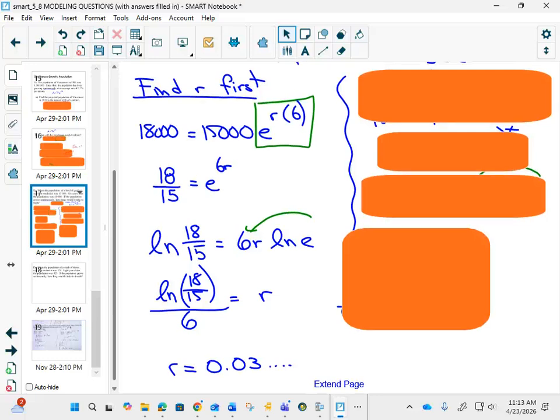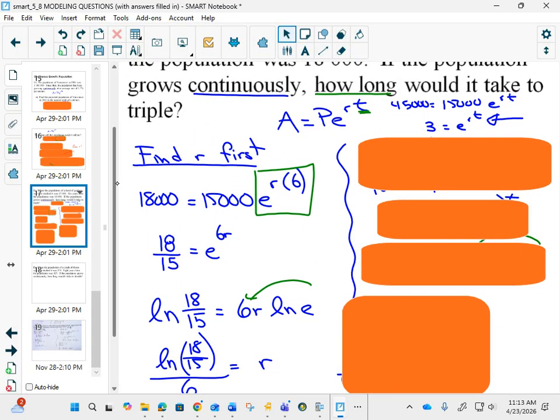Now that we found r, we can figure out how long it takes to triple. Because I know a starting point, it's going to triple to get an amount. Now the number one question I get on tests is, what should I use? Should I use the 15,000 to triple or the 18,000 to triple? What did we learn the other day? It doesn't matter.